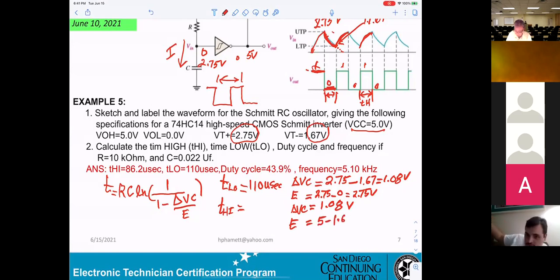That gives 3.33. If you substitute into the formula, you can get 86.2 microseconds.